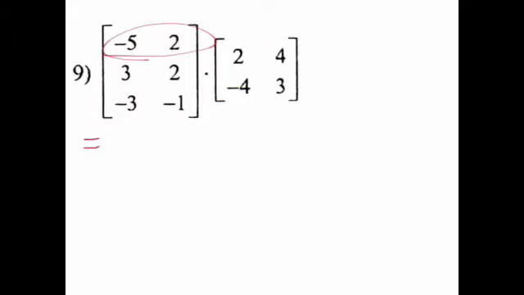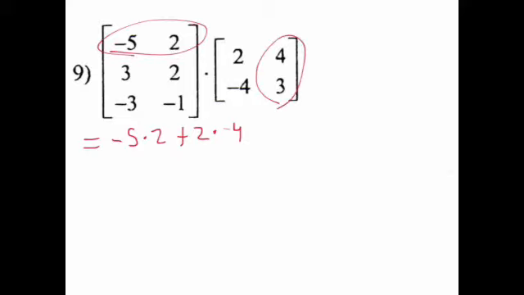So each row times each column, we're going to do negative 5 times the 2. And then add 2 times the negative 4. Right there. And that's going to be my first item. So now I'm going to do first row times second column. You get negative 5 times 4 plus 2 times the 3.